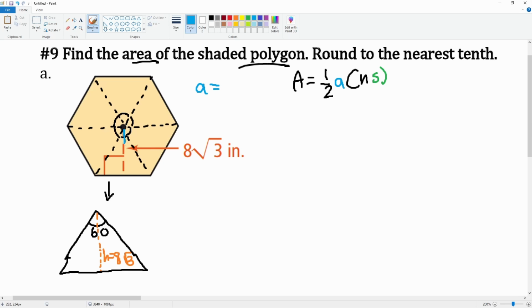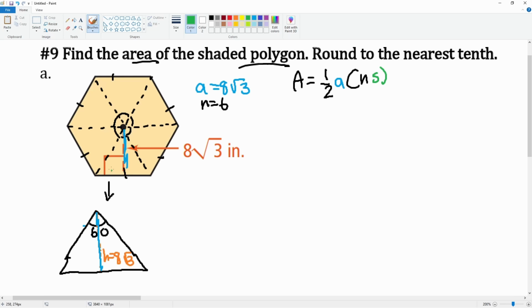The apothem is this piece here. So the apothem is 8 radical 3. That's beautiful. Next, we need the number of sides: 1, 2, 3, 4, 5, 6. We know n equals 6.